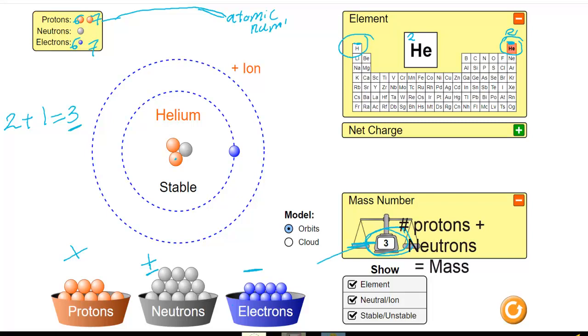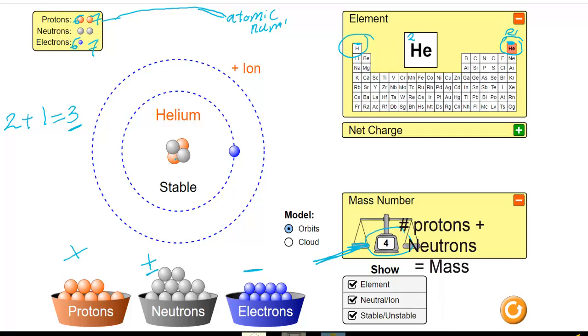Notice how this number is going to change when I add more neutrons. Let's add 1 more neutron. That number here became 4.